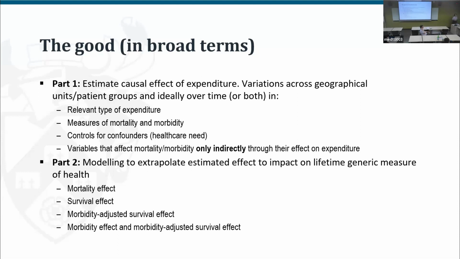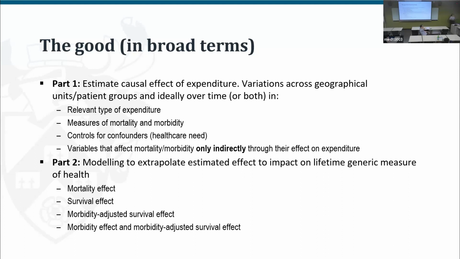We needed variations across geographical units or patient groups, and ideally over time, or both, in the relevant type of expenditure, which depends on the policy question, and in measures of mortality and morbidity, where morbidity wasn't available, just looking at mortality. We needed variations in these same things in our controls for confounders, in particular thinking about healthcare need. And we also needed, ideally, some variables that affect mortality and morbidity only indirectly through their effect on expenditure, so some instrumental variables.